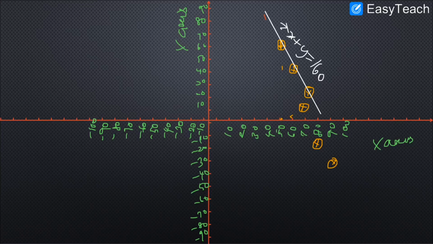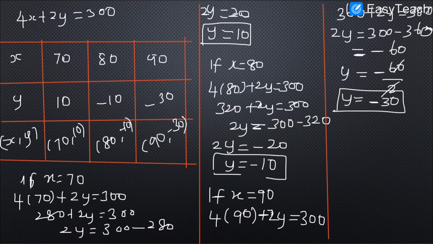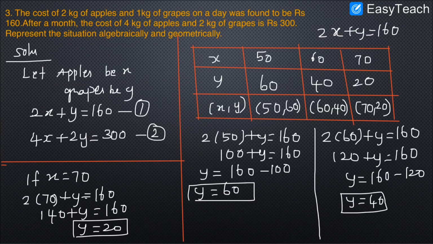So here. This is our straight line for 4x plus 2y equals 300. So hence we proved that we represented both situations algebraically and geometrically.